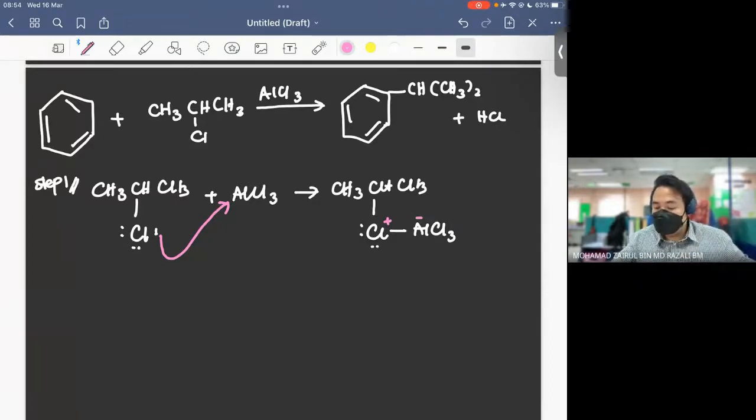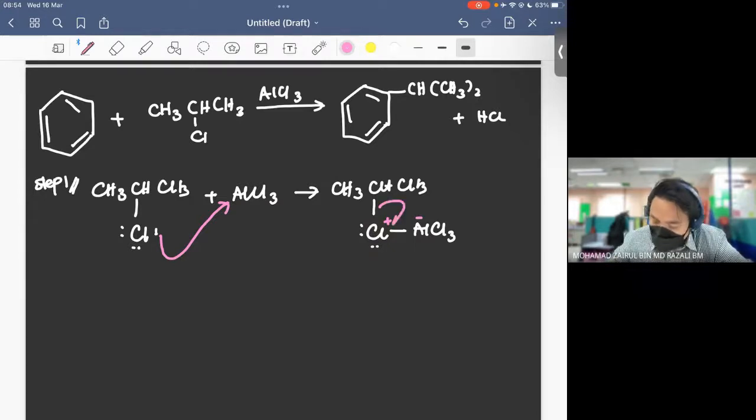Okay. So, sekarang ini kita nak form carbocation. So, sekarang kita nak form positive charge dekat carbon yang sini. Sebab carbon yang saya circle merah ni yang akan bonded dekat benzene. So, nak form positive charge, dia kena donate elektron. Tapi siapa nak dapat elektron tu? Klorin ni akan dapat elektron. Sebab klorin ni ada positive formal charge.